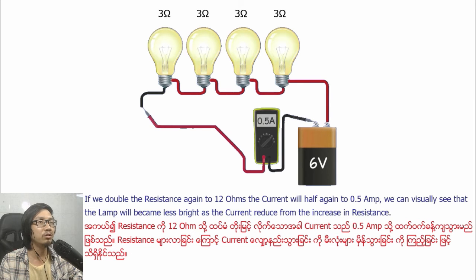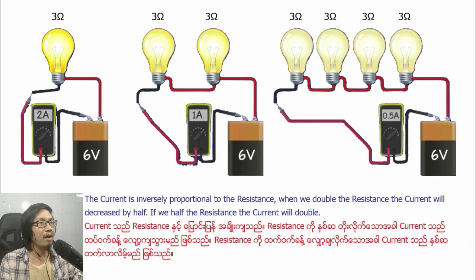We can visually see that the lamp will become less bright as the current reduces from the increase in resistance. The current is inversely proportional to the resistance. When we double the resistance, the current will decrease by half. If we halve the resistance, the current will double.